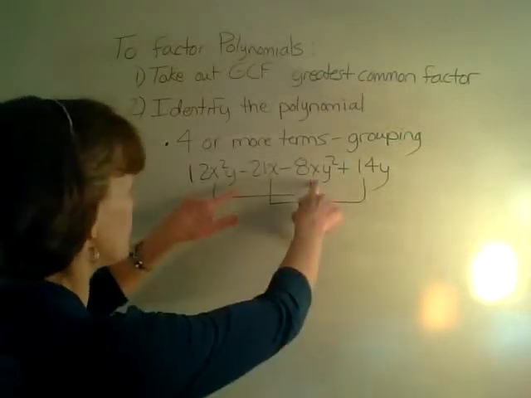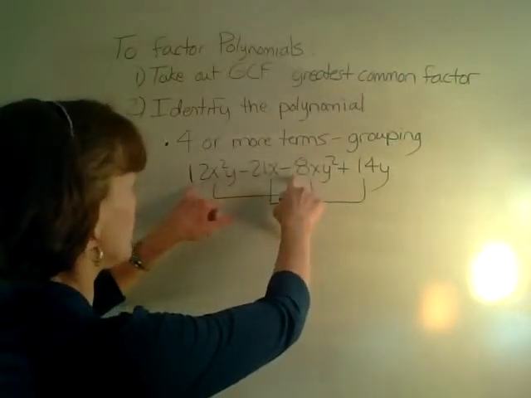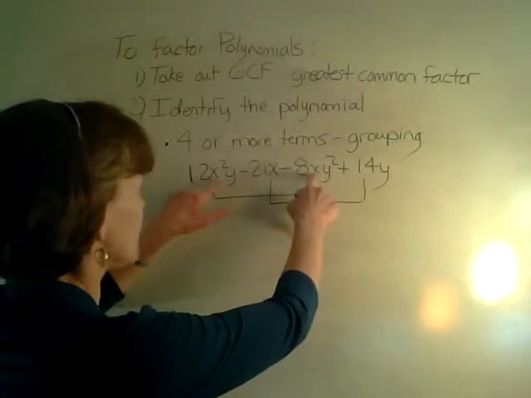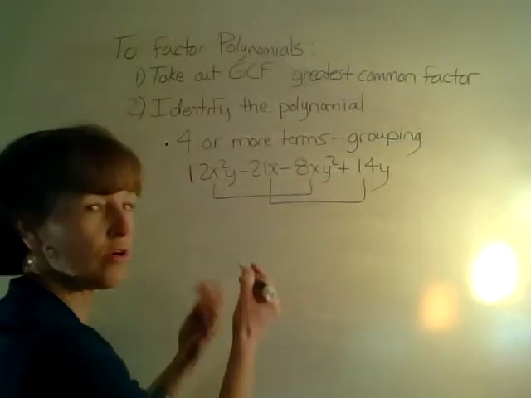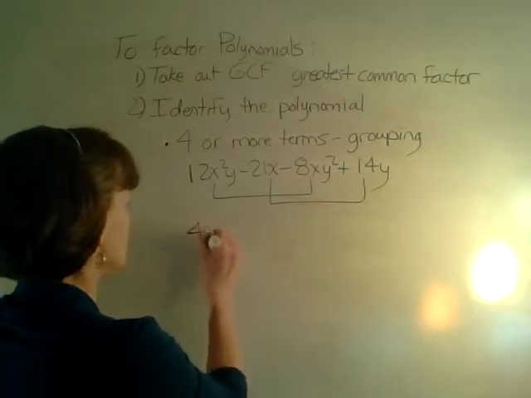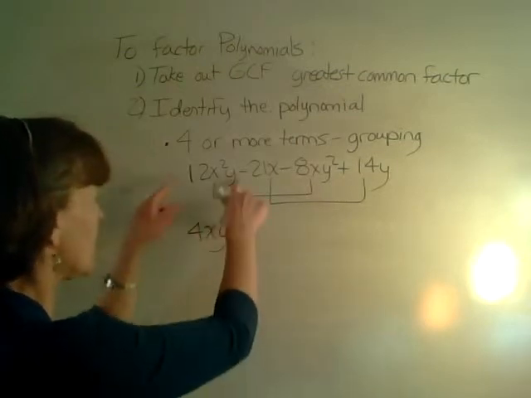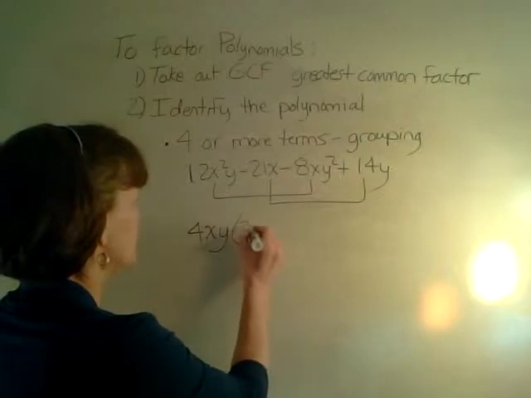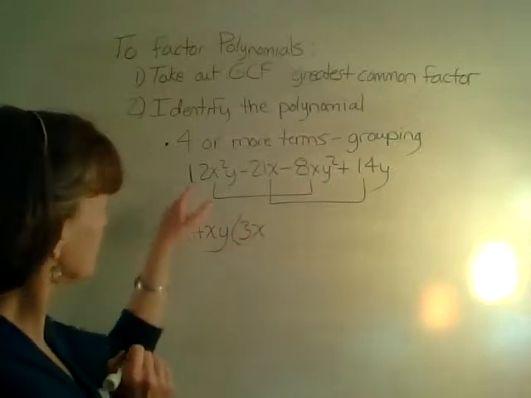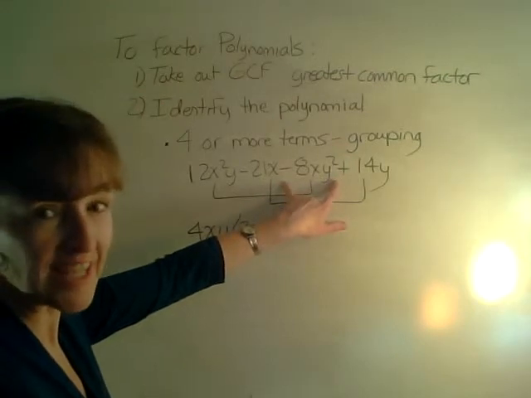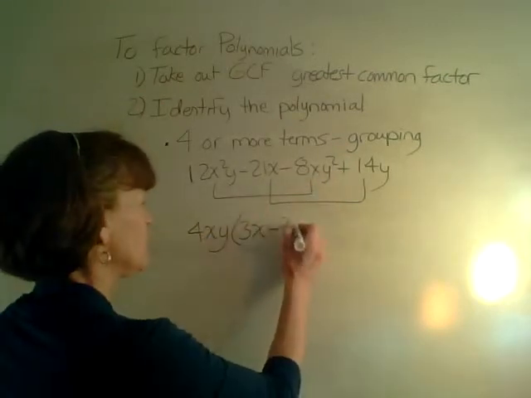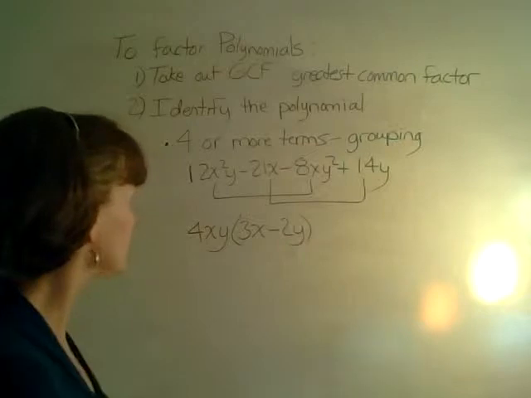Now when I look at these two terms, I see that they both have a 4 in common, and each of them has at least one x, and each of them has at least one y. So I'm going to take out a 4xy. So when I take out a 4xy here, I have 3x left. And when I divide this term by 4xy, I have negative 2y left.